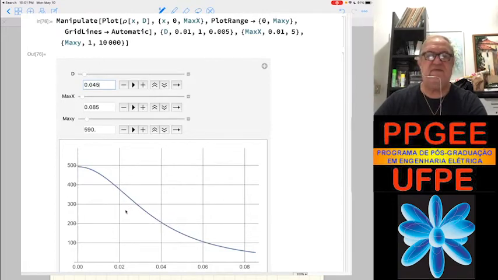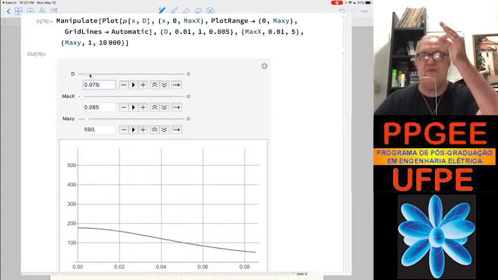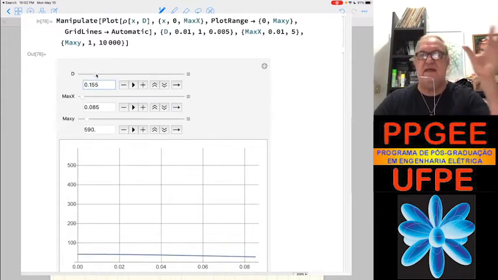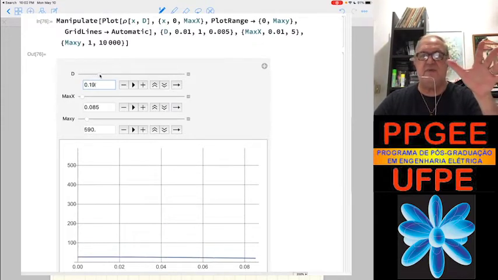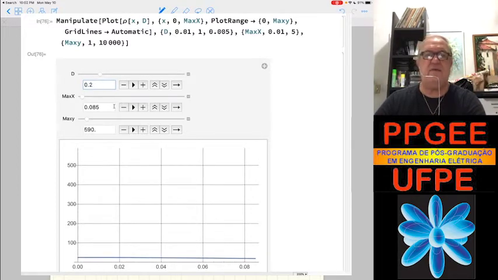This is 250, something like this. At 0.03, let's say meters, the density falls to 1.5. As we move the charge away from the surface, the charge starts distributing more and more.